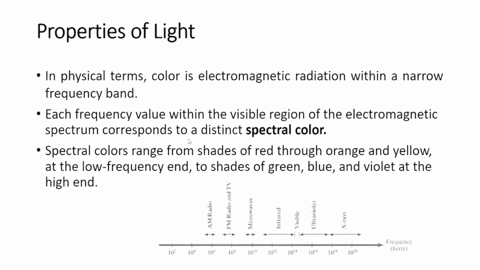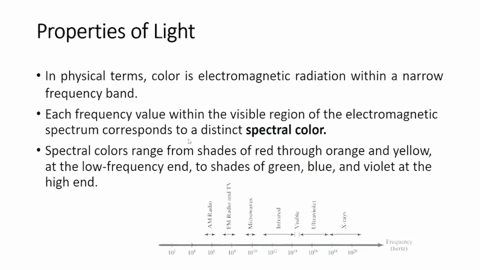So we all know that the visible light, what we see, is a composition of various colors, that is VIBGYR. We can say that these colors are also part of the electromagnetic spectrum, especially in the visible frequency band. The colors have frequency bands with respect to the electromagnetic spectrum.